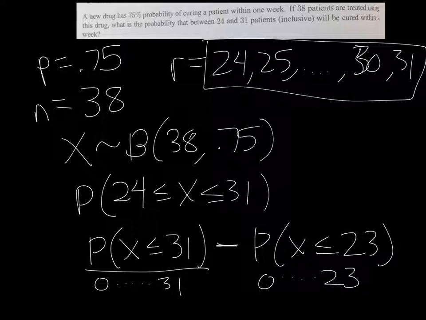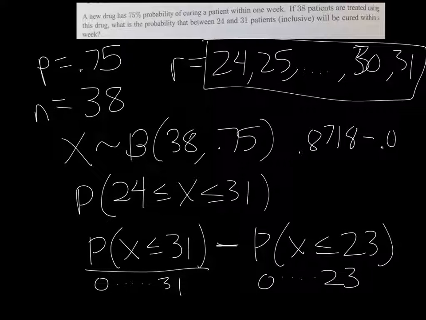So on our calculators, we go to second distribution, we go to binomial CDF, trials, there are 38, p-value 0.75, x value 31. We hit enter, and enter again, we get 0.8718, and then we need to do the second one, second distribution, binomial CDF, trials 38, p-value 0.75, and our new x value for this one is 23.